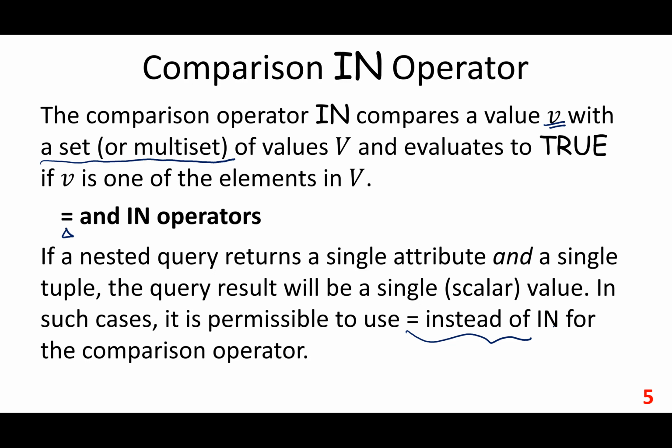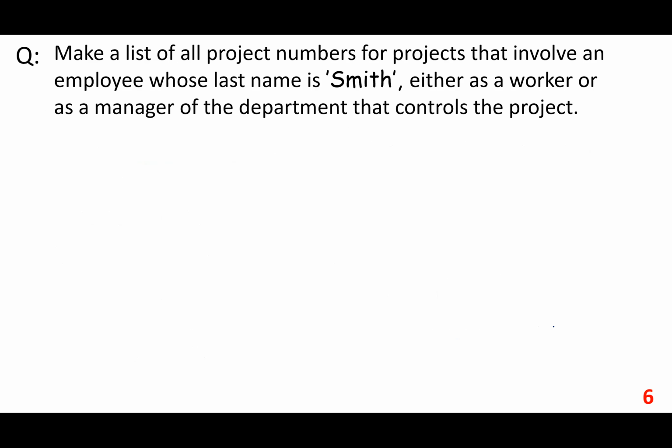Let's look at a simple example. Make a list of all project numbers for projects that involve an employee whose last name is Smith, either as a worker or as a manager of the department that controls the project. Look at this long statement, two parts: the worker part and the manager part, with the same last name, Smith.